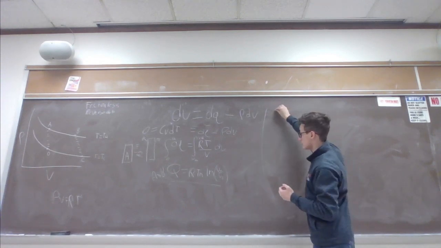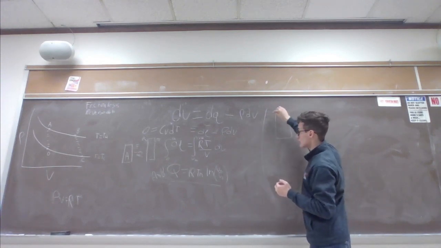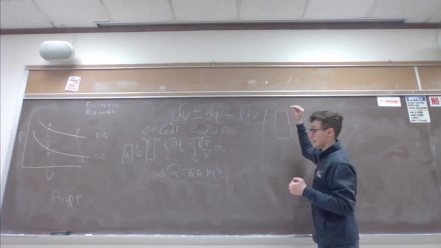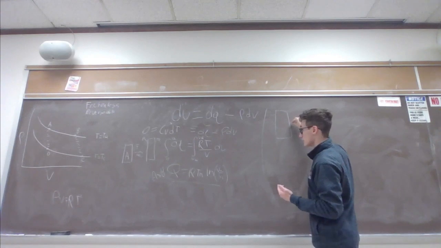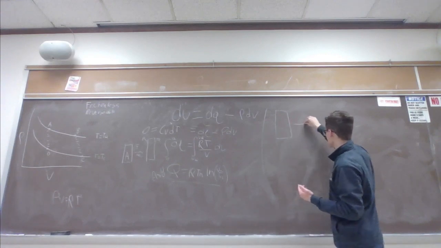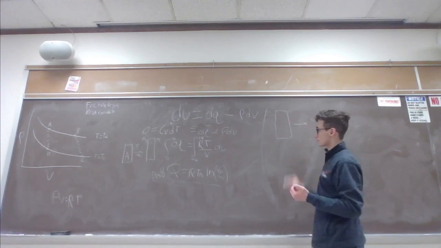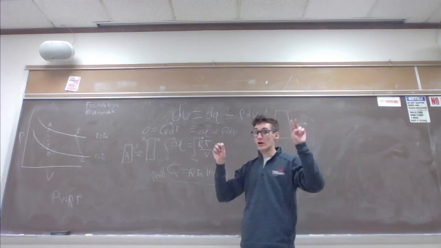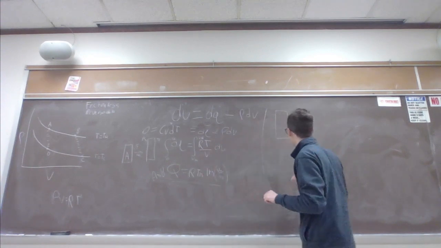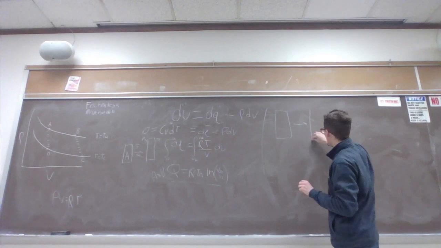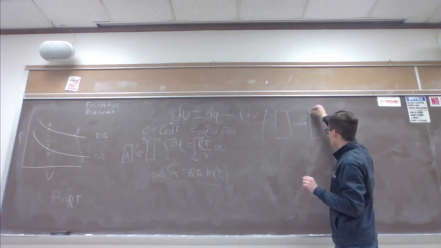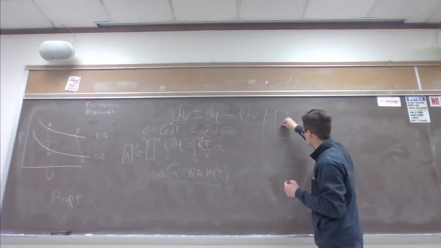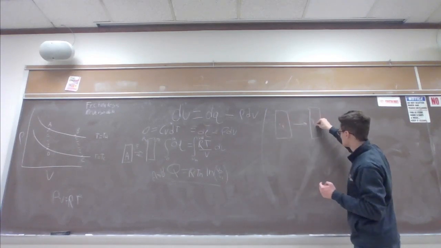We have our expanded and hot cylinder, and we want it to go to a cool temperature. To do that, we're going to say adiabatic, where it's well insulated. What that's going to do is very slightly expand. However, it's also going to go down to the cool temperature, so it's going to go from TH to TC.